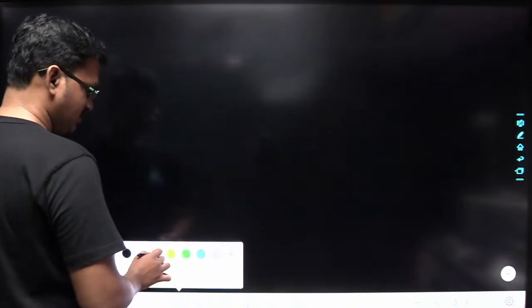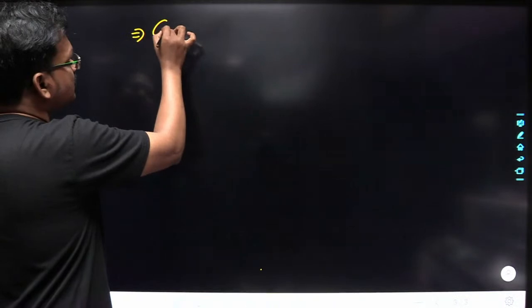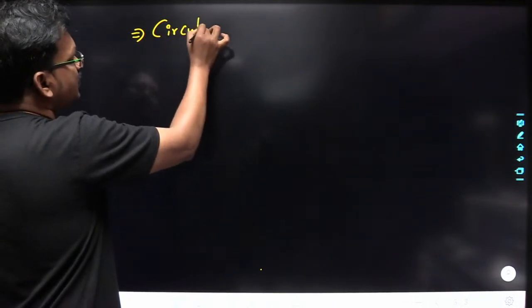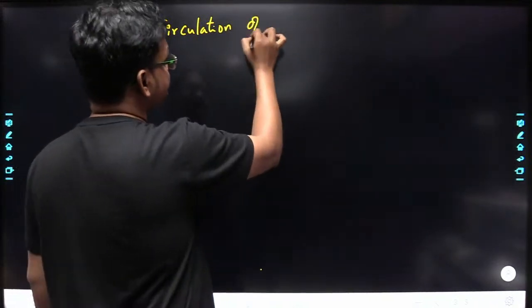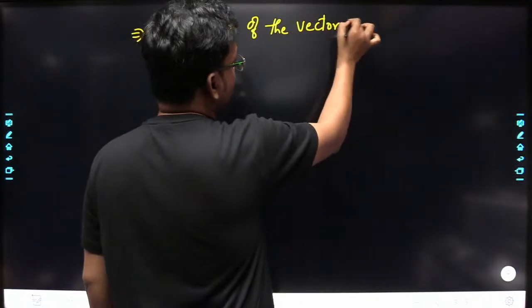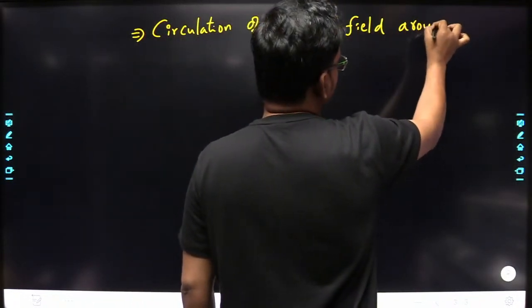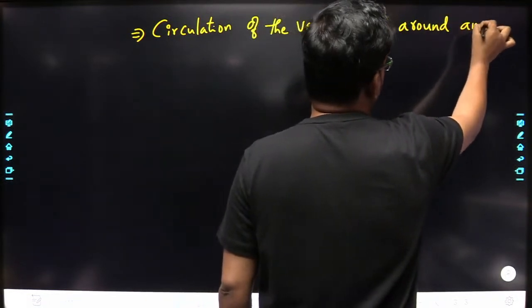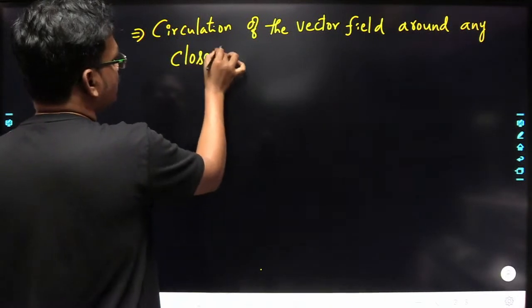So next we will study about circulation of the vector field around any closed loop.